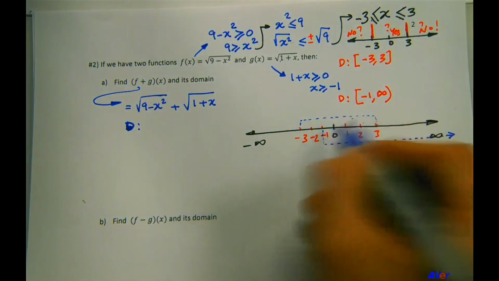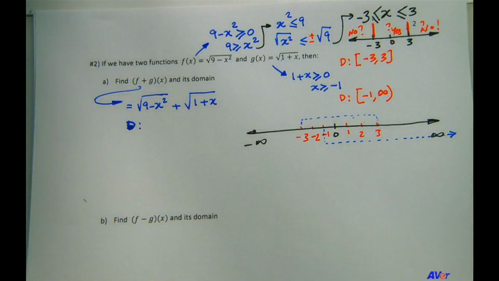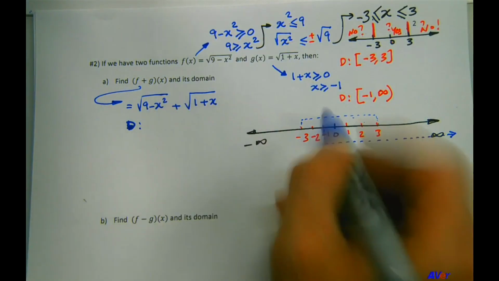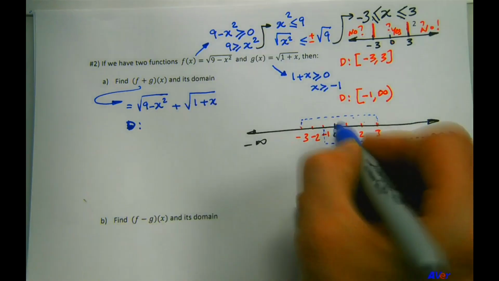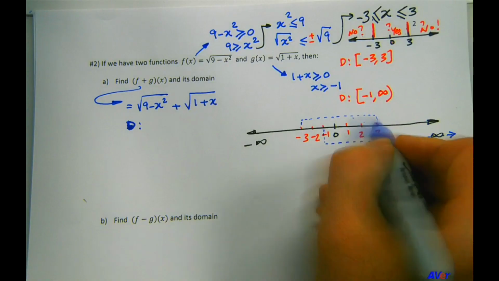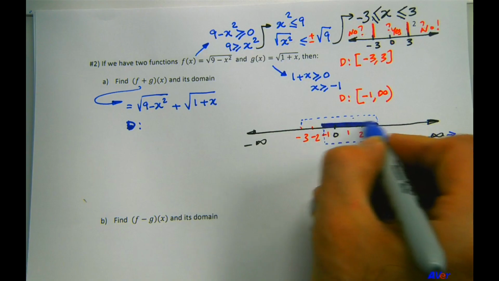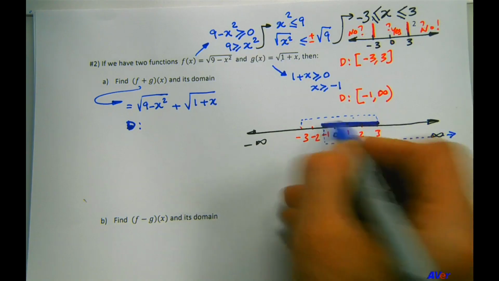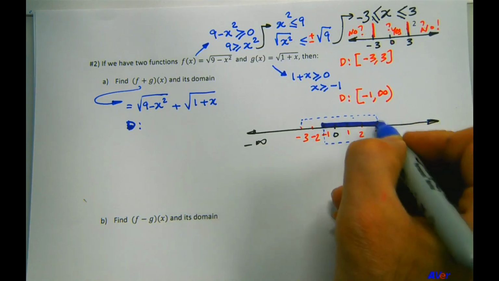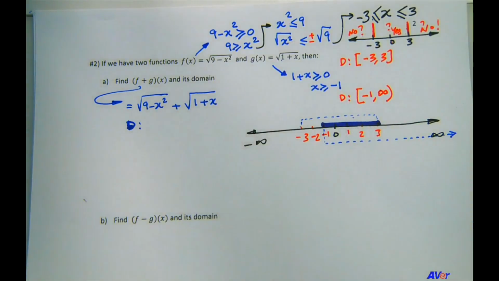So the domain of this function, in fact, the x values for this combined function must vary from -1 to 3, +3, right there. So this combined function can only exist right there, where you see the thick line.